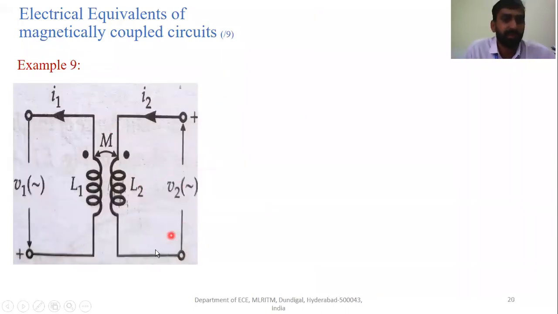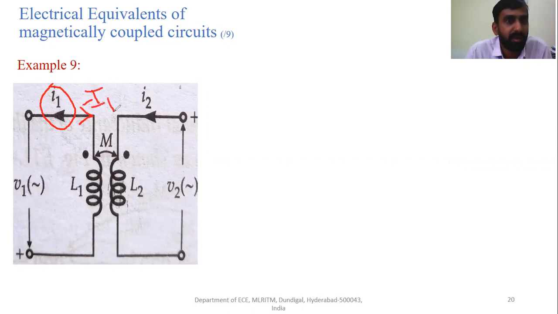So in this example, you can see here that the current I1 is reversed. That means if you reverse the direction of I1 over here, this is going to become minus I1.